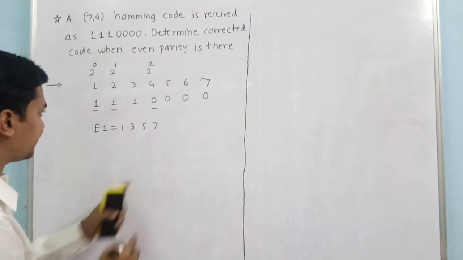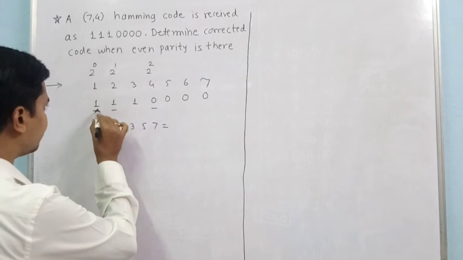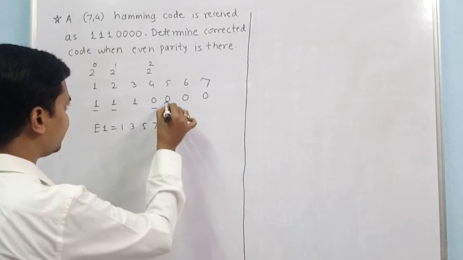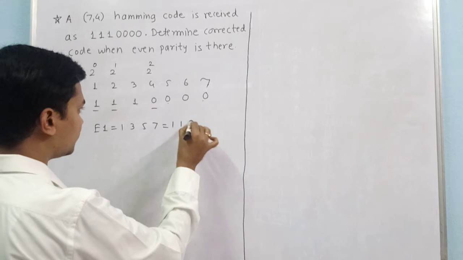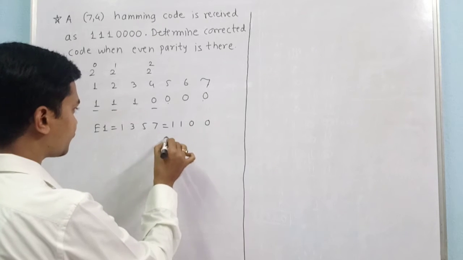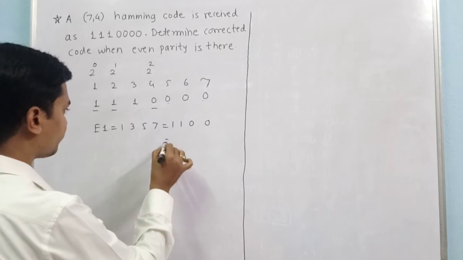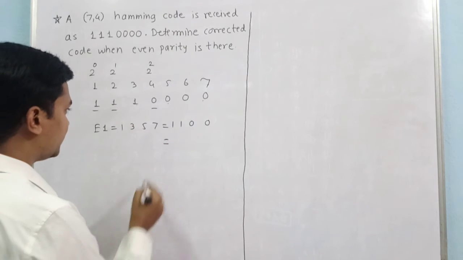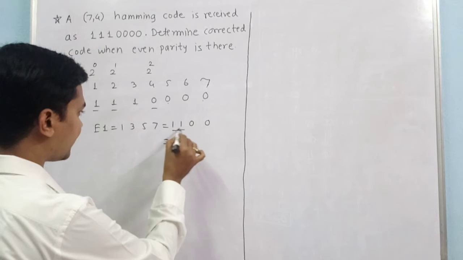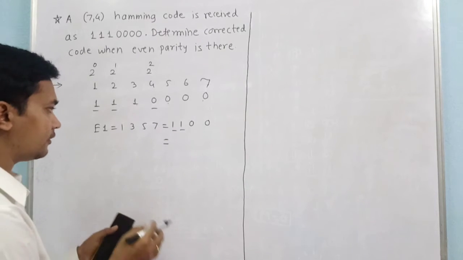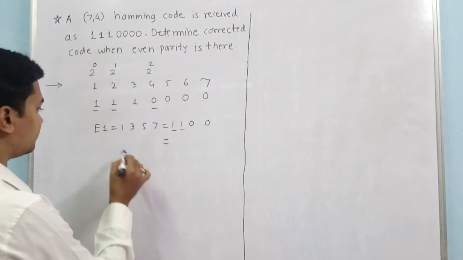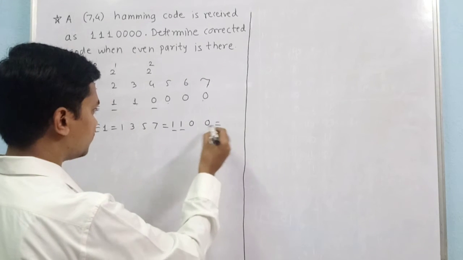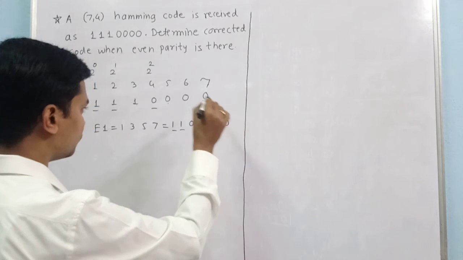So 1, 3 is 1 1, 5 is 0 and 7 is 0. Here the number of ones is already even, so there is no error, and it should be 0.